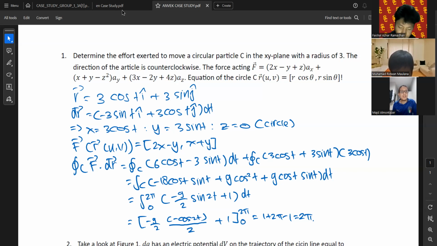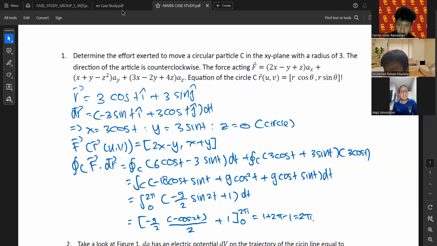The integral over C of F equals the integral of (6 cosine t minus 3 sine t) times the derivative plus the integral of (3 cosine t plus 3 sin t) times 3 cosine t, then the integral over C of negative 18 cosine t sin t plus 9 cosine squared t plus 9 cosine t sine t dt.